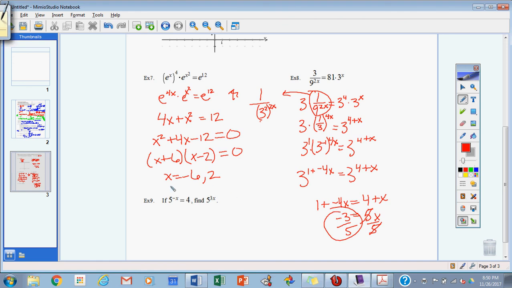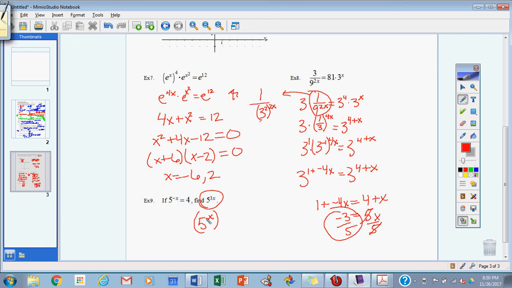All right, last but not least, this is a little unique one. Look at this. It's a little different. They give you some information and then they say find that. Well, that's great. How do we do that? Well, we got to think about this differently. With what they gave me, this whole expression is known as 4.